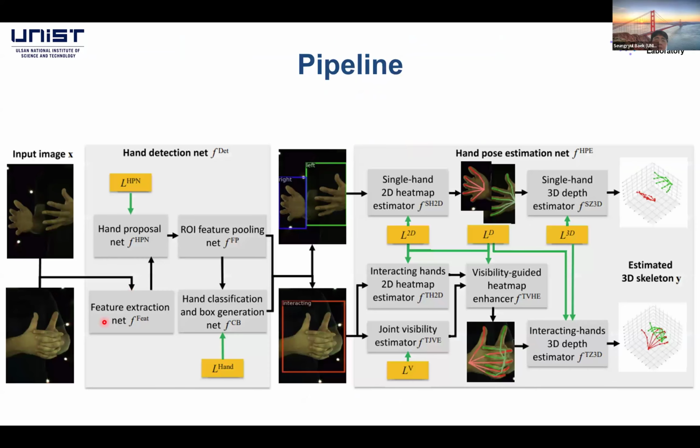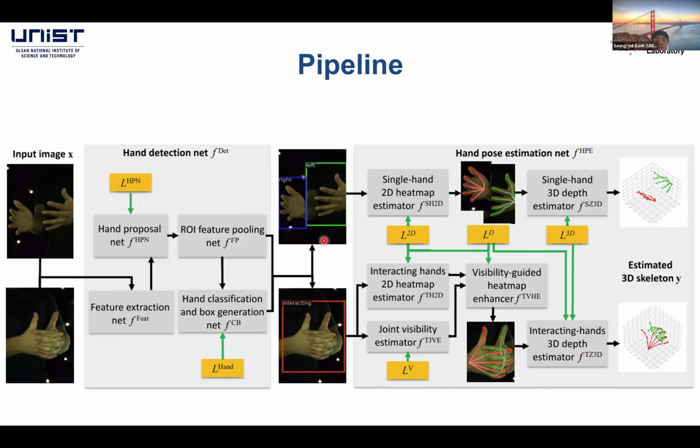And the pipeline looks like this. So here we have the hand detection network, which is the Faster R-CNN. So we attach Faster R-CNN here and fine-tune this Faster R-CNN using the hand data.